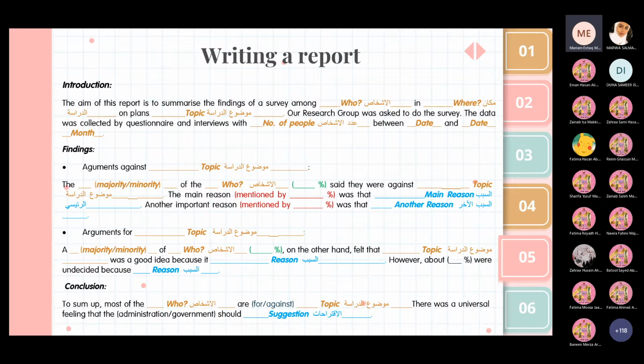Excellent. So the first person who said it was Noura and Iman, Maryam, Sharifa. Excellent. So the government should not build a shelter for stray dogs. And that's it.